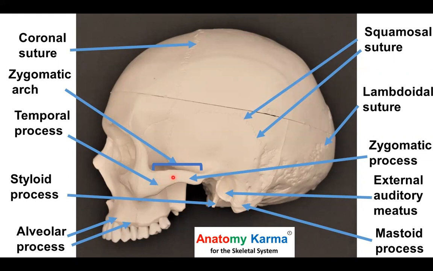So at the suture, the zygomatic process ends and the temporal process begins. When you put the temporal process and the zygomatic processes together, we get the zygomatic arch, and that concludes the hard to find, challenging parts on this view of the skull.